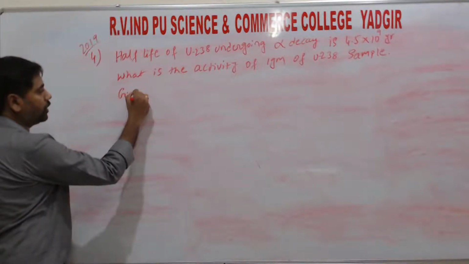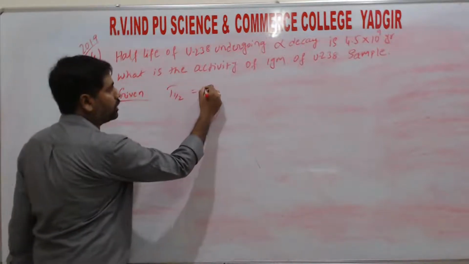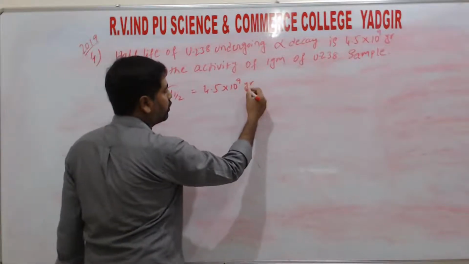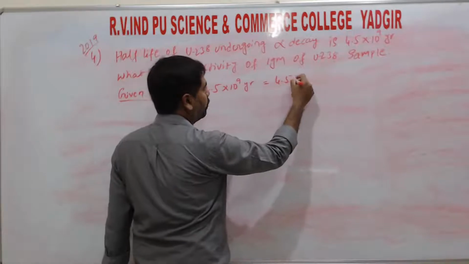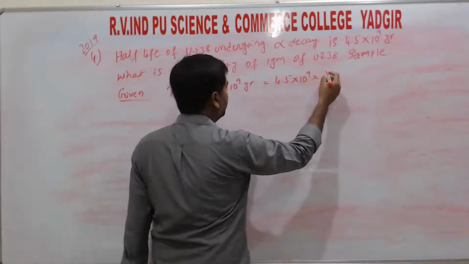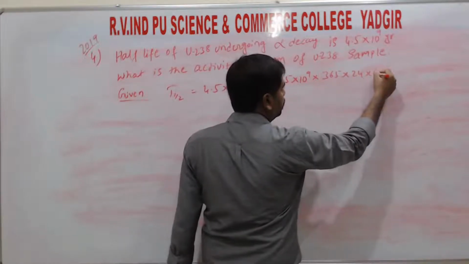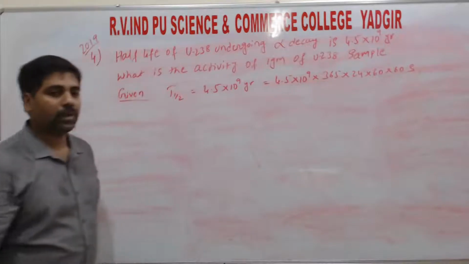So here if we write the given half-life, that is T half, that is equals to 4.5 into 10 to the power of 9 year, converting from year to second, that is 4.5 into 10 to the power of 9 into 365 into 24 into 60 into 60 seconds, right?